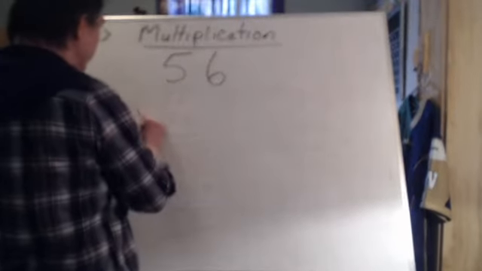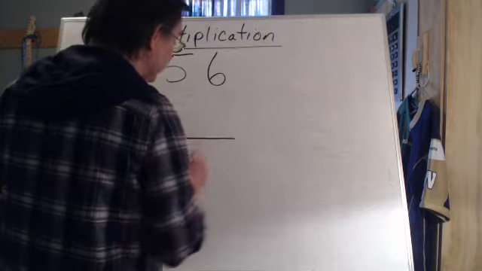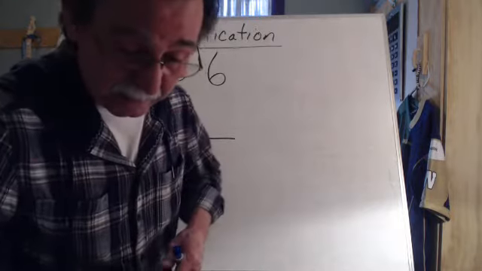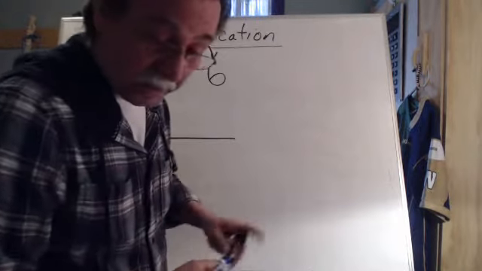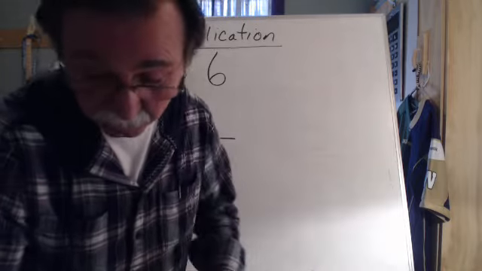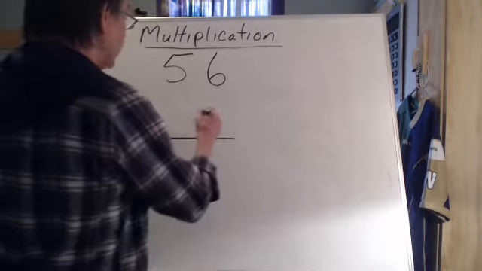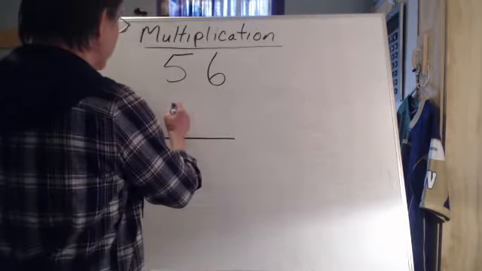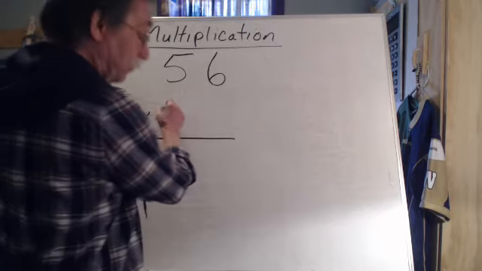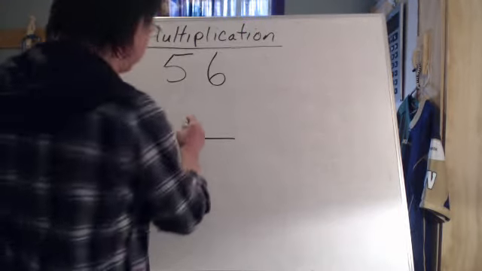So 56 times, I'll put that line in there like that. And I'm going to do the color coding again. We're going to go blue. What number did I say? 23.